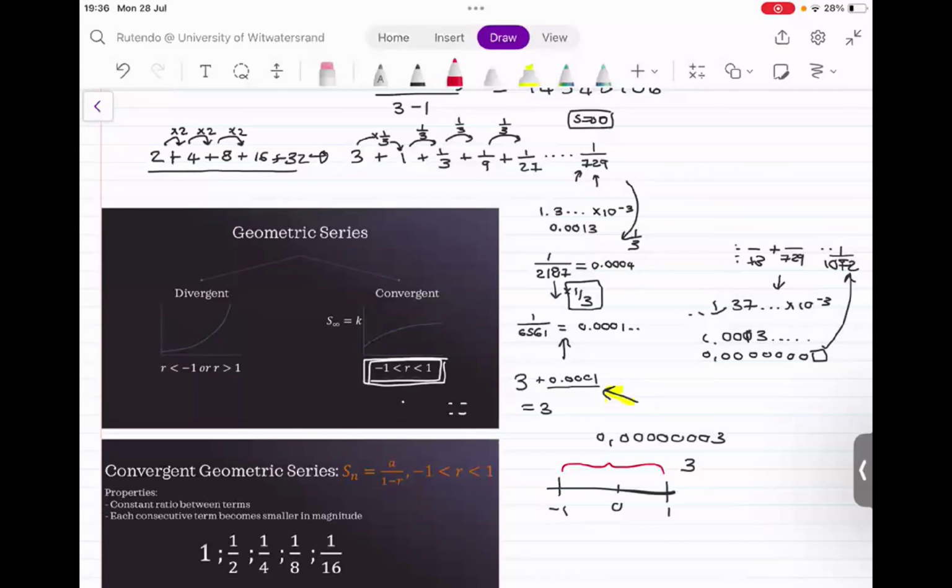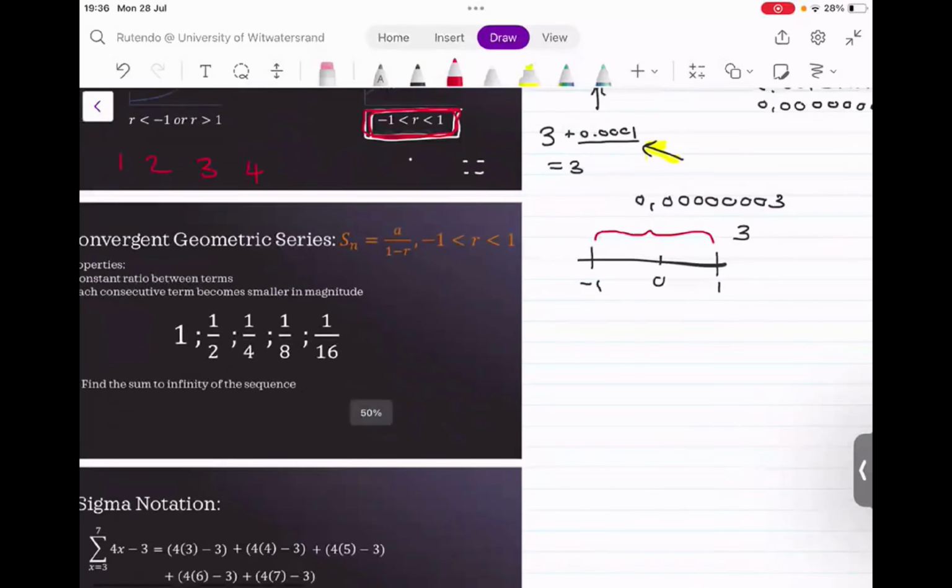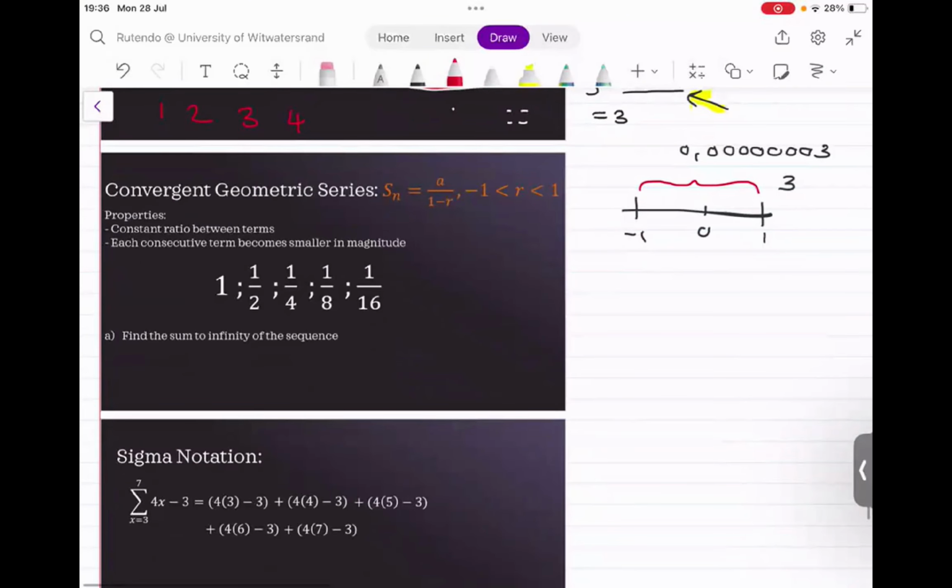So the most important thing is if you find your R value to be between -1 and 1, then you know that your series is convergent. If it's a whole number like 1 or 2 or 3 or 4, then it's not going to converge. It'll keep going on and on, getting bigger and bigger each time you add another part of the series. Okay. So then we have here a question.